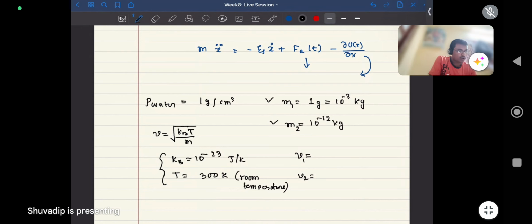In that case, you will get some velocity which is considerably large. Okay. Any question at this stage?